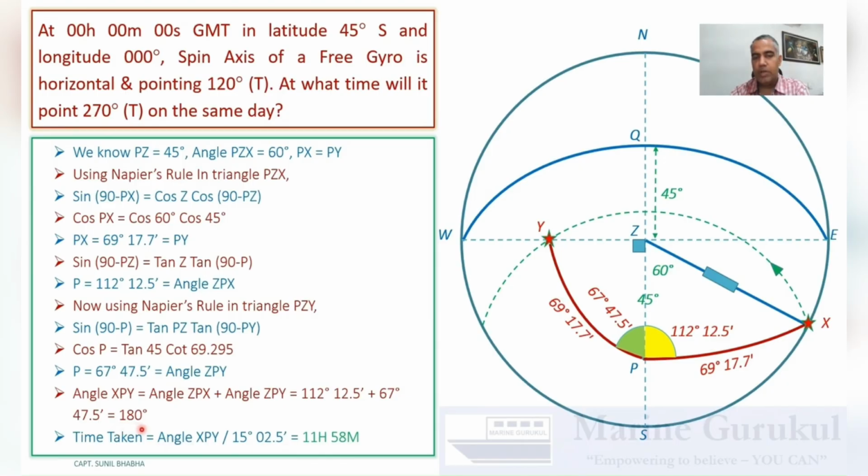We divide this 180, that is angle XPY, which is the total R angle covered by the star, by 15 degrees 2.5 and we get an answer of 11 hours and 58 minutes. This is the amount of time which the star is going to take to come up to point Y when it will be on 270 bearing. When the star is on 270 bearing, the spin axis will also be pointing 270. So the time at which the spin axis will point 270 is 11 hours 58 minutes on the same day.